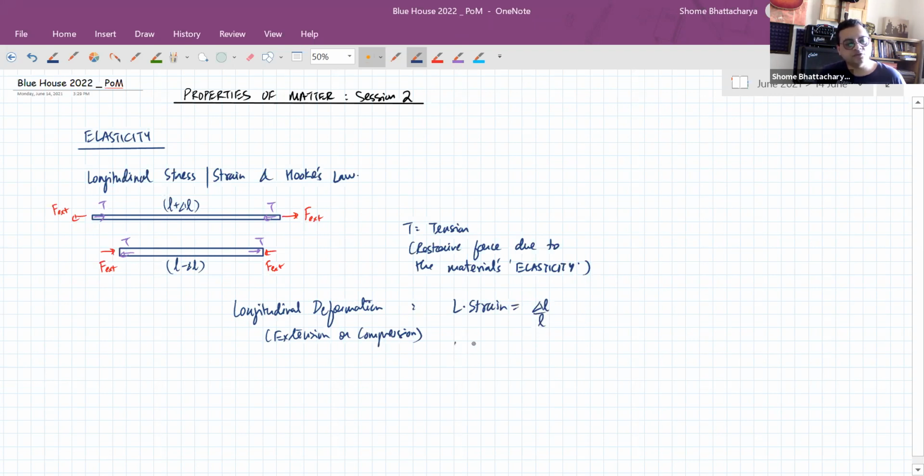And we define the longitudinal stress as the tensile force per unit area of cross section. And Hooke's law basically tells us that the longitudinal stress divided by the longitudinal strain's ratio is the material property called Young's modulus of elasticity, which is the material property.